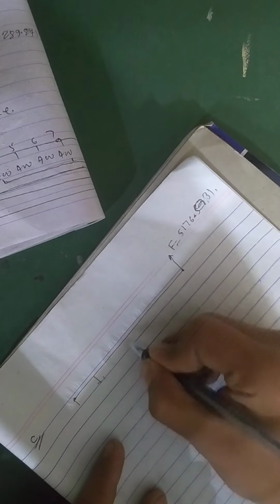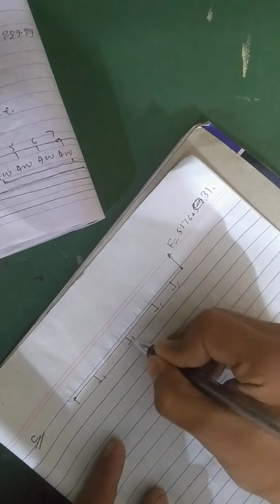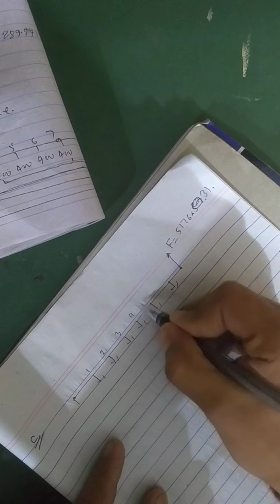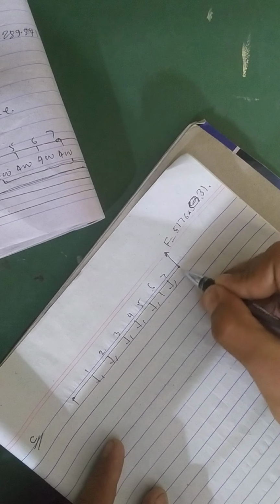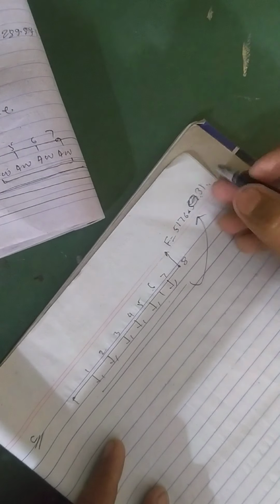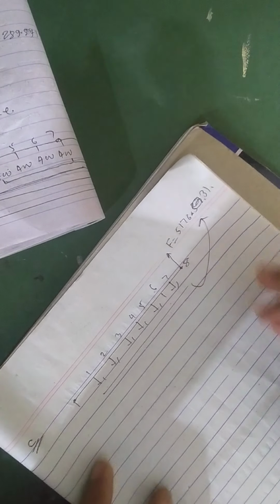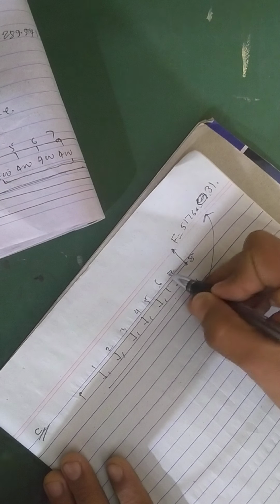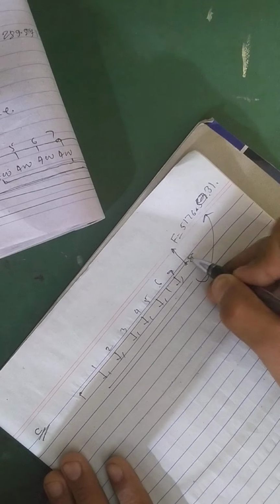What is the annuity that you have to pay in each year, 1 2 3 4 5 6 7 8, so that you will get this amount of value after the end of 8 years.